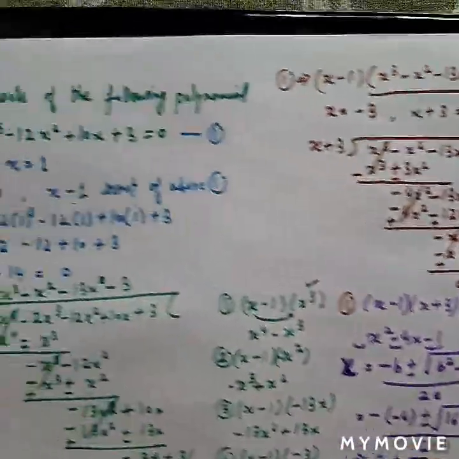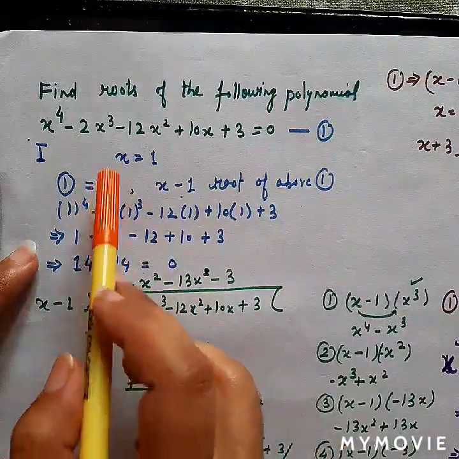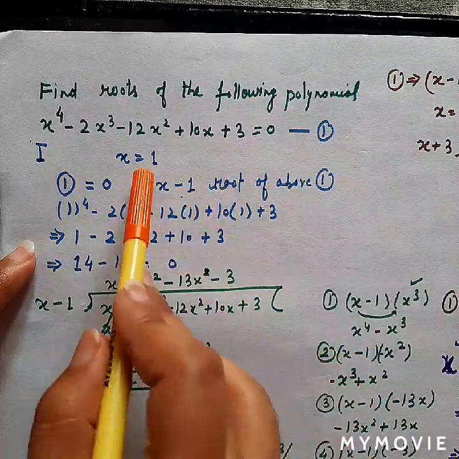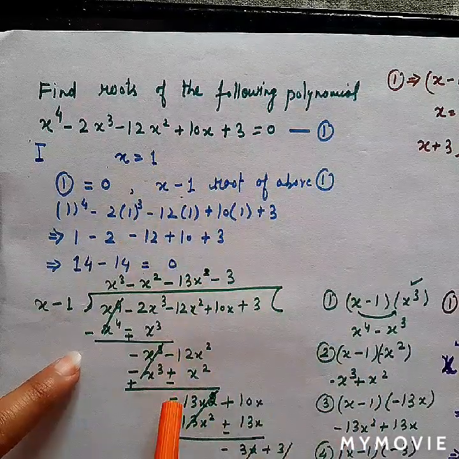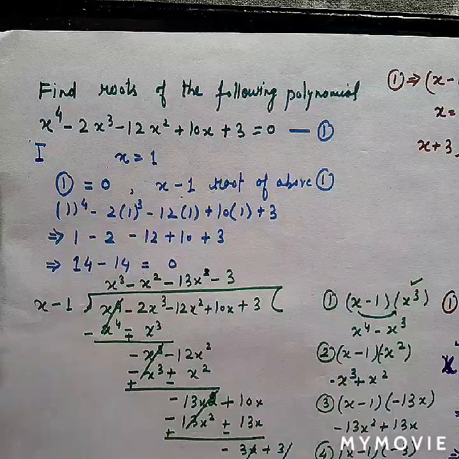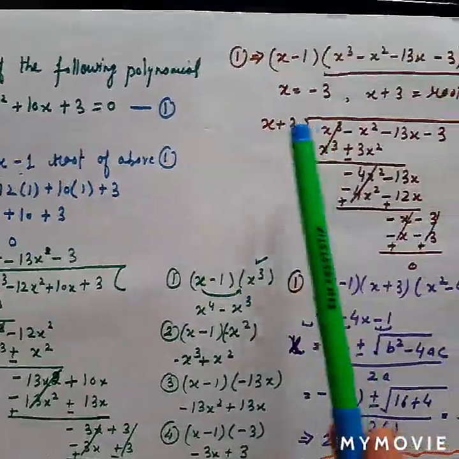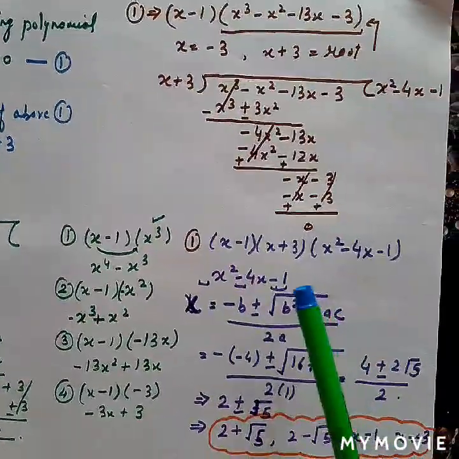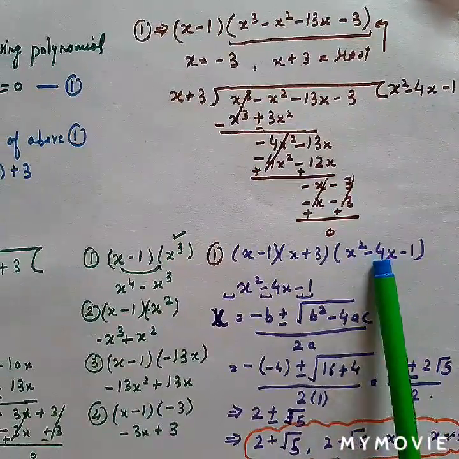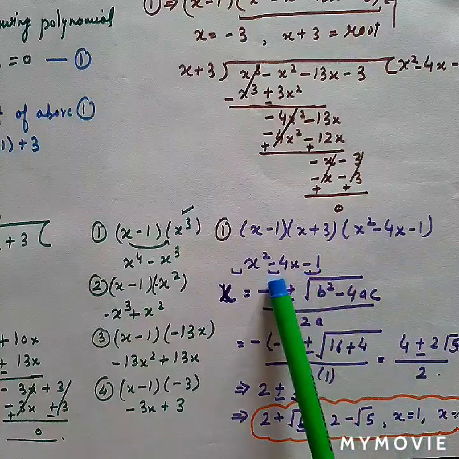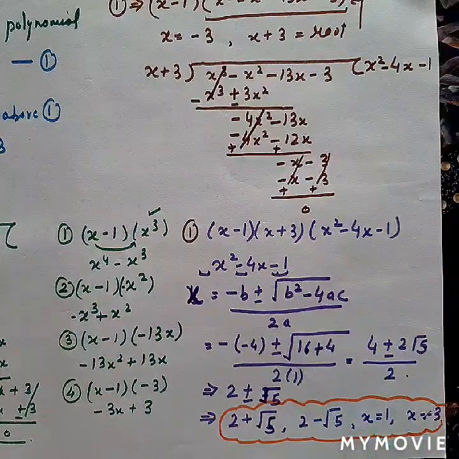Fine. So we had this equation in the beginning, and first of all we filled into this, and then after dividing we got our first root, and then the second root, x plus 3, and then we got a quadratic equation, we applied the formula, and then we got the last answer this much.